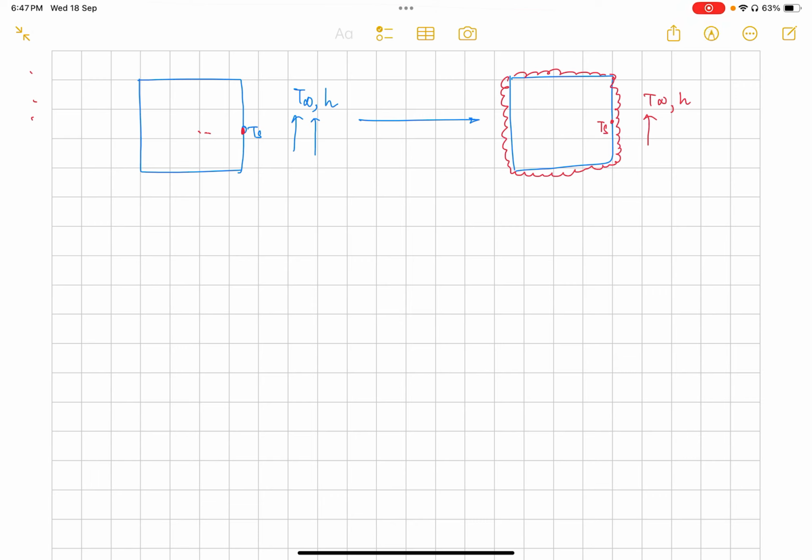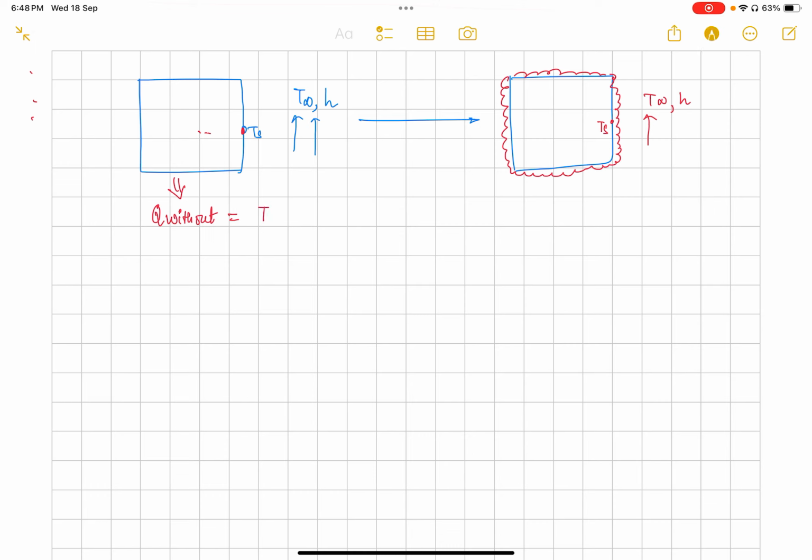And to reduce the heat loss, we are insulating from the outside surface. So this is the case, and let's calculate the heat transfer without insulation. This is the case without insulation.